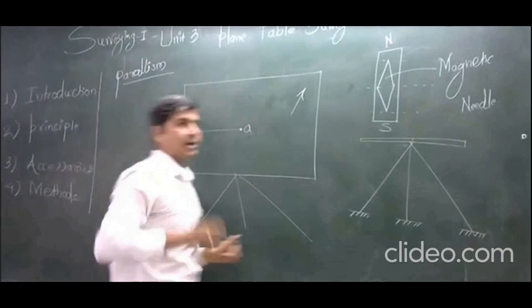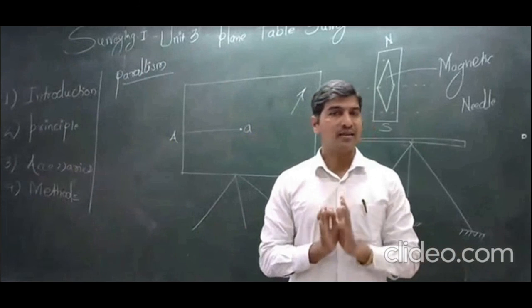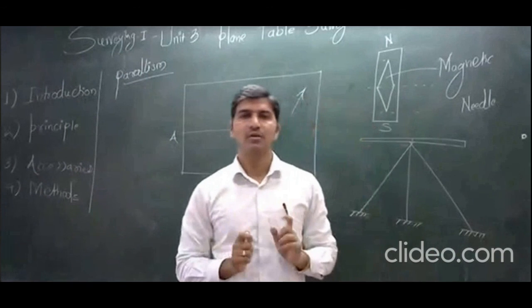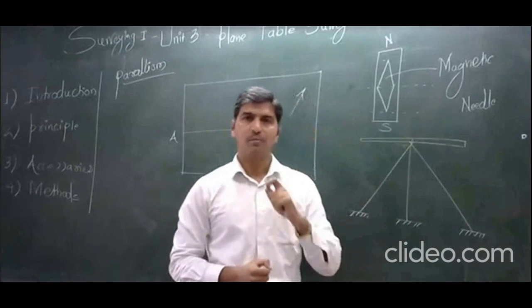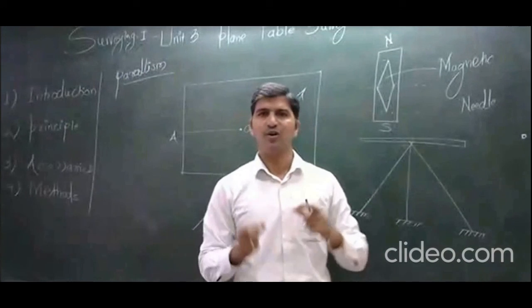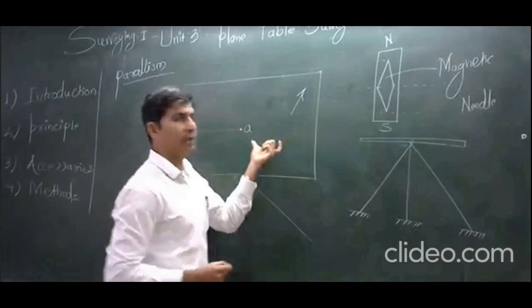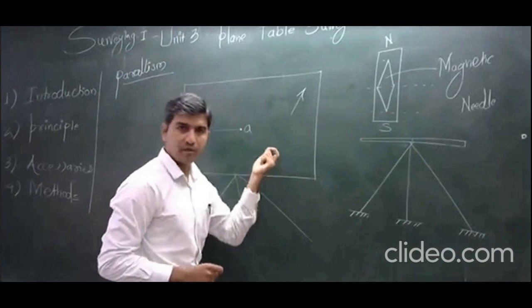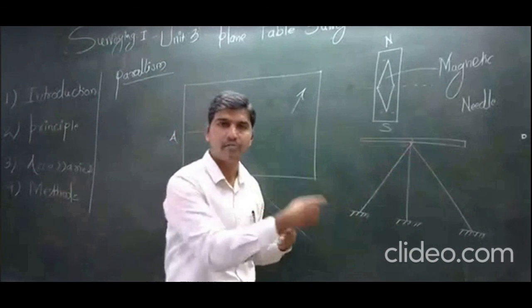I have got one answer that parallelism and orientation are the same. No. What is parallelism? It is the principle of plane table on which the plane table works. What is the principle of plane table? What is the meaning of parallelism? Keeping your plane table parallel to its previous positions all the time.